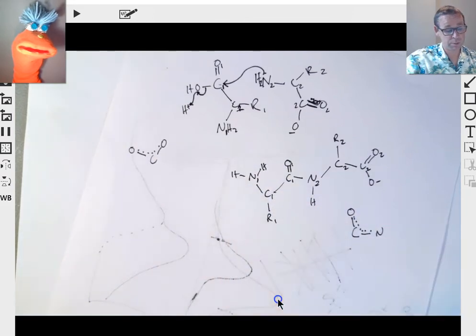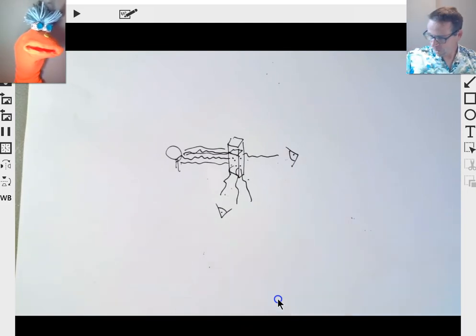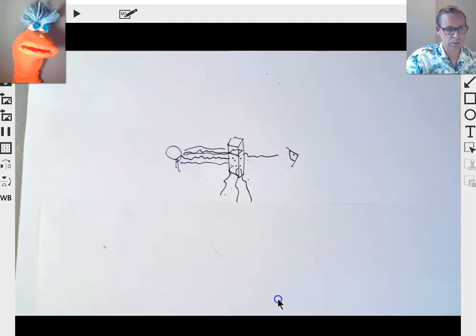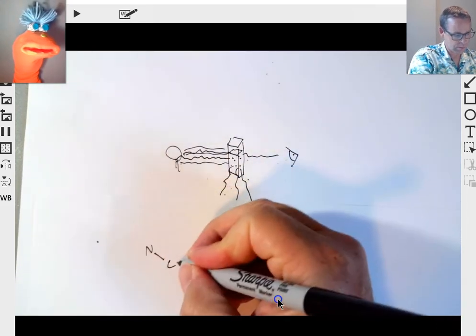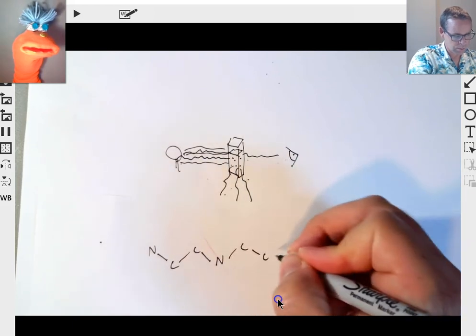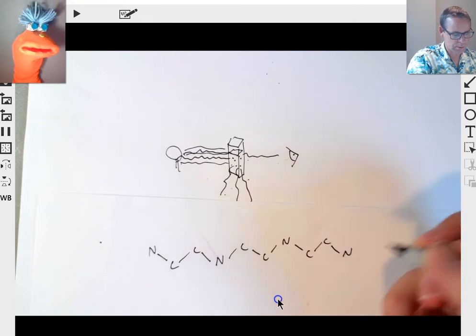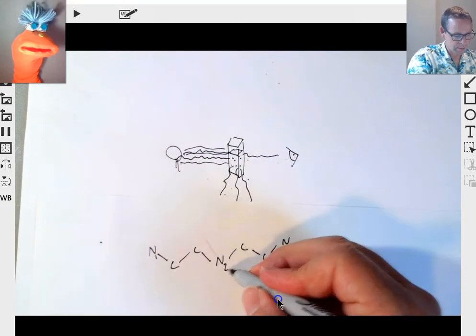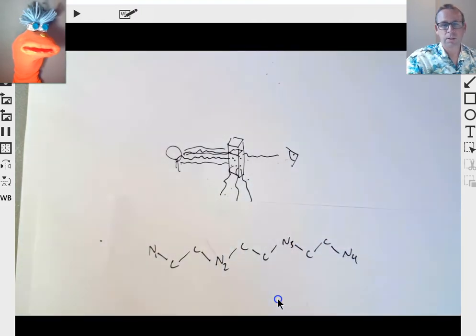And so the amino acid chain follows this pattern as it goes along, right? So you have a nitrogen to a carbon, carbon, nitrogen, carbon, carbon, nitrogen, carbon, carbon, nitrogen, all right? One amino acid, two amino acids, 3 amino acids, 4 amino acids.